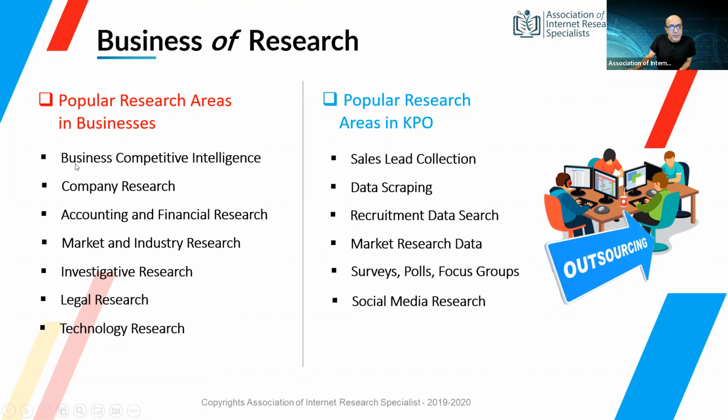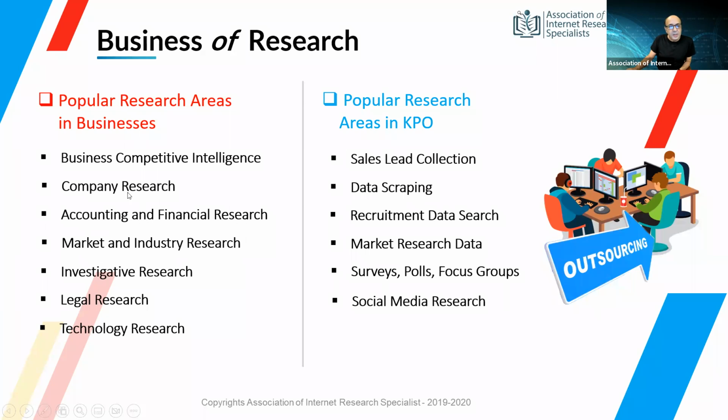If you're coming from the marketing research or market research side as a specialist in that area, you may want to offer services in business competitive intelligence for the businesses. If you're coming from the accounting and finance area, or you're a financial analyst, maybe this is where you can do your research, accounting and financial.